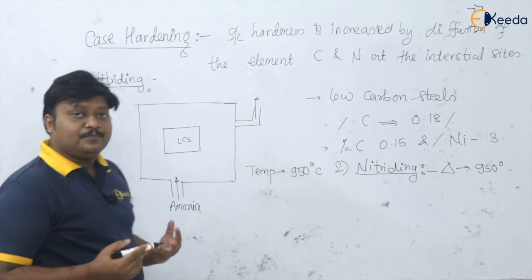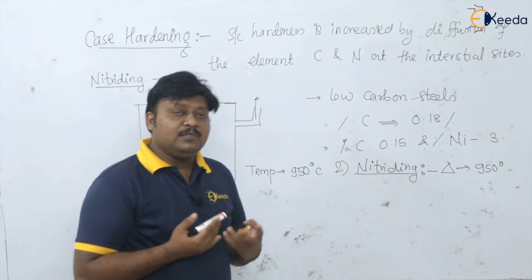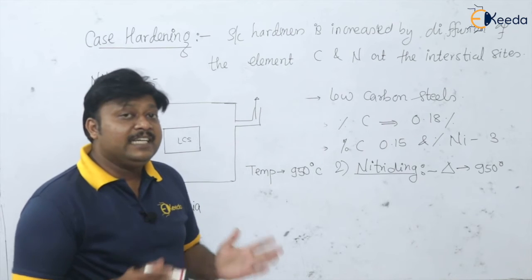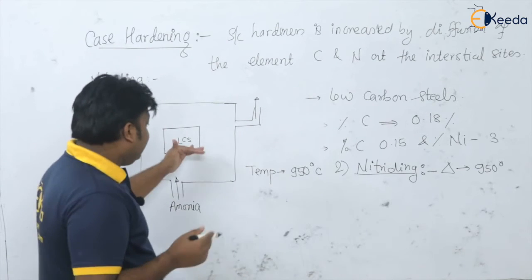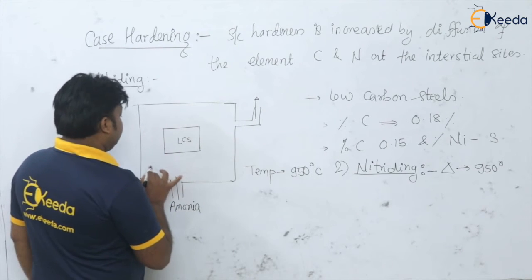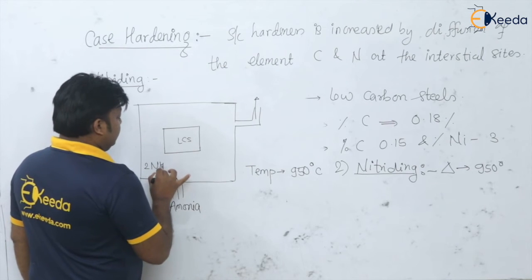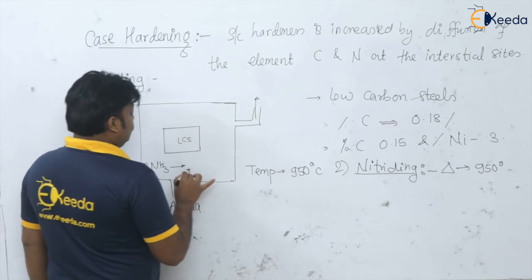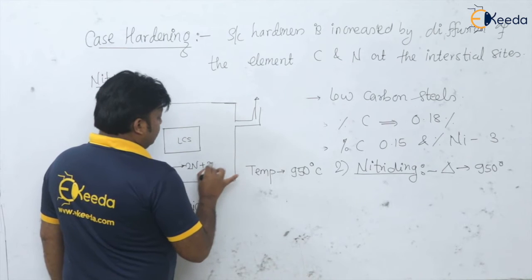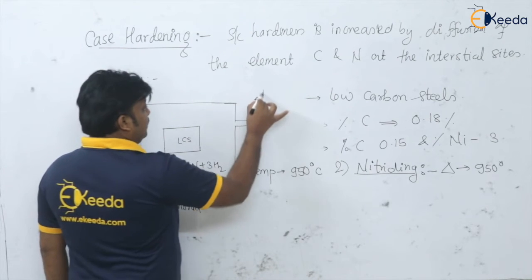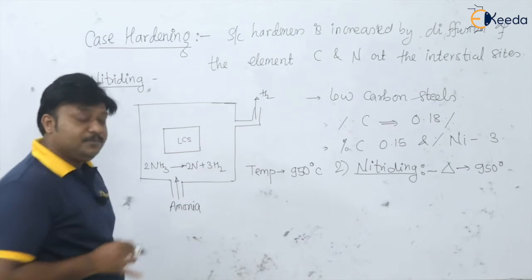So what will happen? By the reduction process, from this ammonia, the nitrogen will get released, and that nitrogen, what is the reaction we can have here? This is twice NH3 we reduce to give twice N plus thrice H2, and here from this hydrogen will come out.